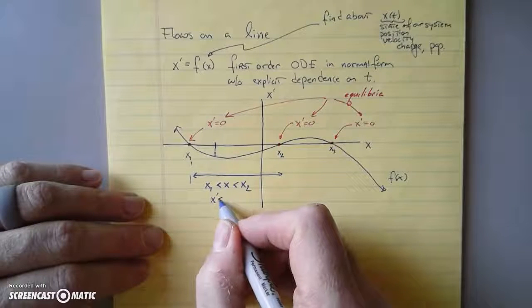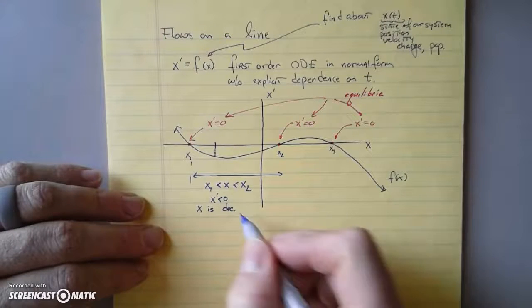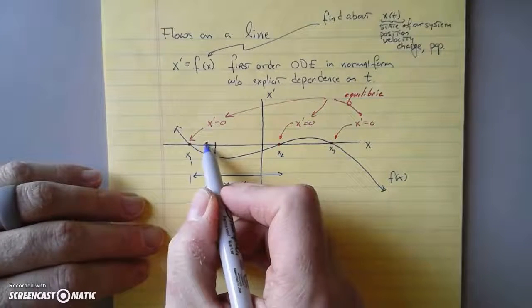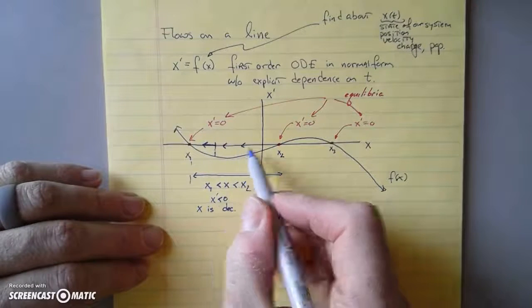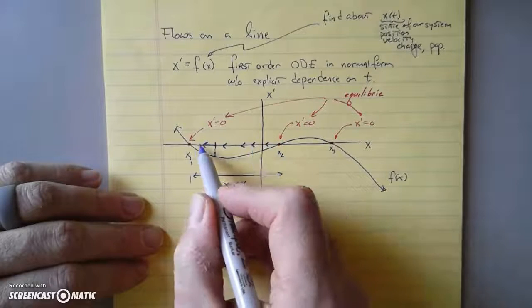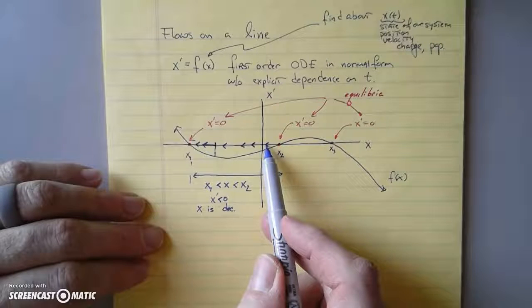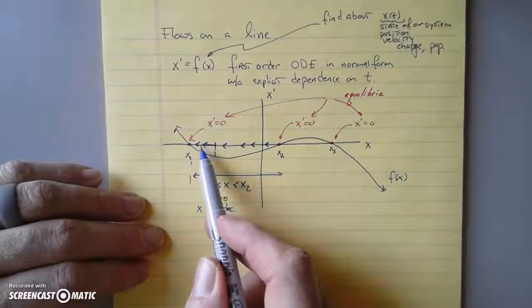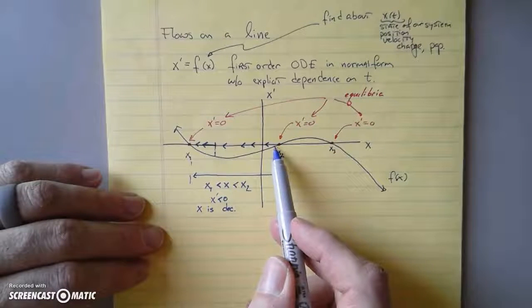X prime is negative. X is decreasing. So this point is going to move to the left. In fact, any value of x between these two will, as time goes on, move towards a smaller value of x, because the x prime for that is negative.